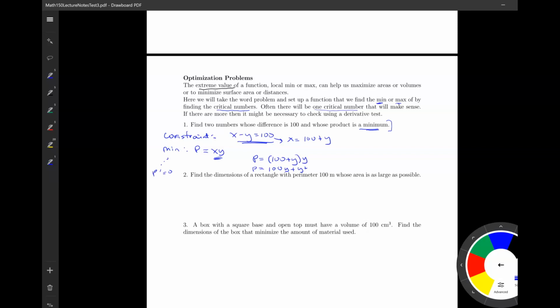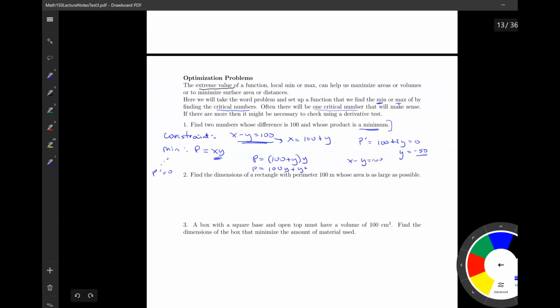So that's the equation that I want to take the derivative of and set equal to 0. I can see it's a parabola, so it's going to give me one critical number. So I get 100 plus 2y. I'm going to set that equal to 0, so I get y is equal to negative 50. And that's one of the numbers, and the other number I'll find by plugging that into x minus y equal 100.